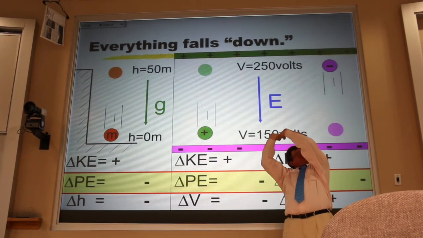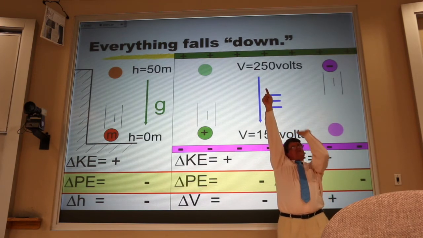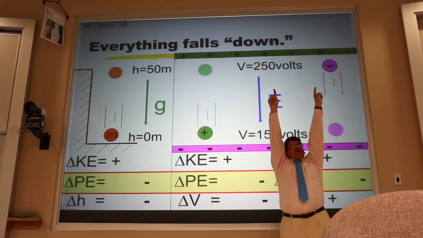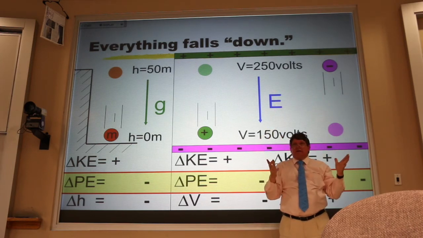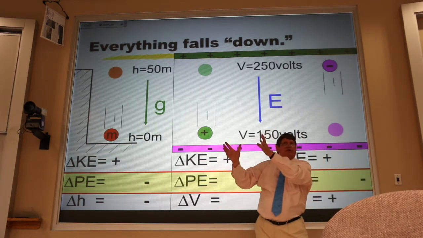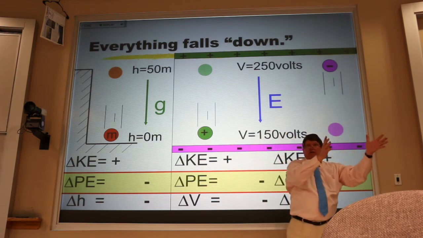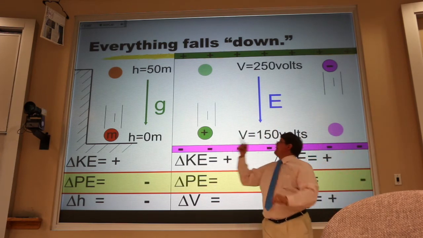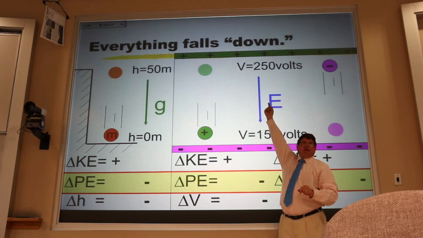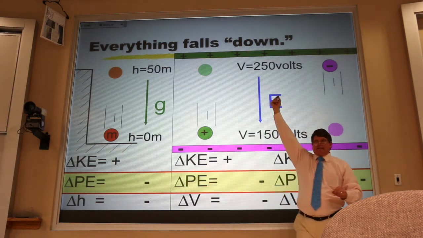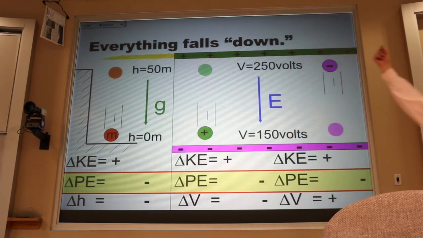I'm going to have to really push hard in that direction while it moves that direction. Is that positive work or negative work? Positive work. The work is what the change in voltage is. If the work is positive, the change in voltage is positive. That means the voltage is getting bigger as I go towards a positive plate. Does that make sense?